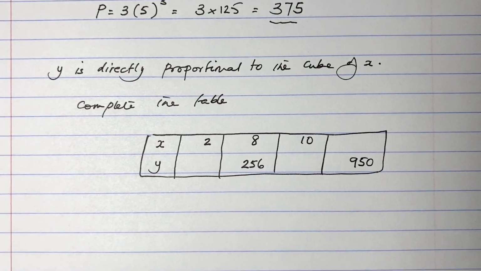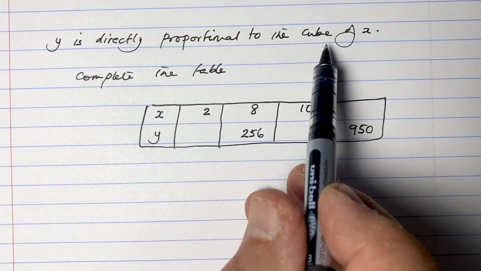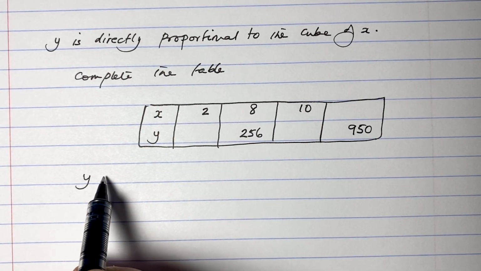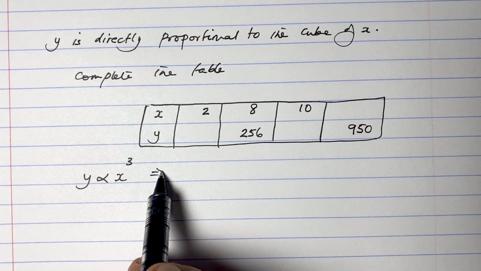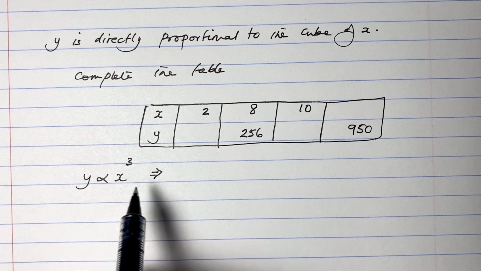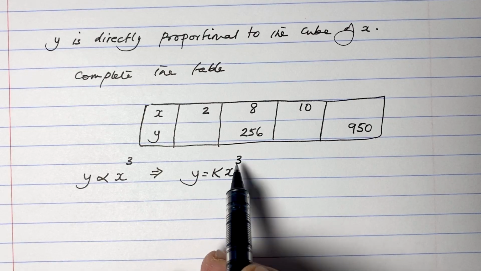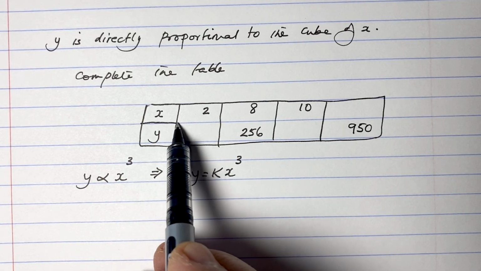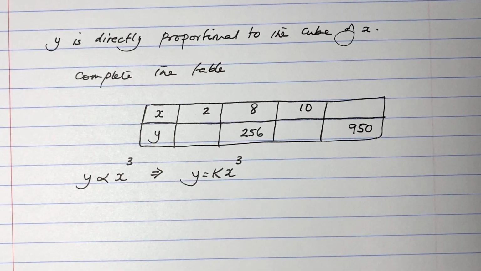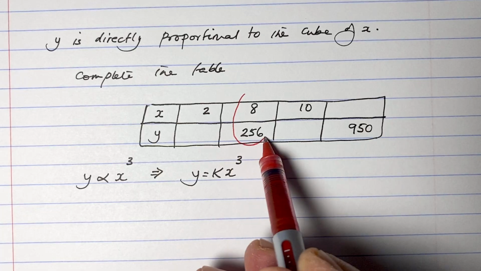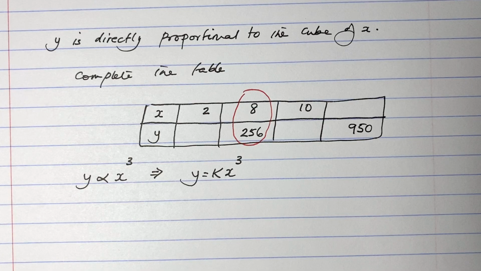Okay, so let's begin the question with our usual start. Y is directly proportional to the cube of x. So y is proportional to the cube of x. So by now you know you need to replace the sign of proportionality with equals k. So y equals k x cubed. Now our boundary conditions are somewhere here in the table. There. So directly they've told me, when x is 8, y is 256. So let's replace.